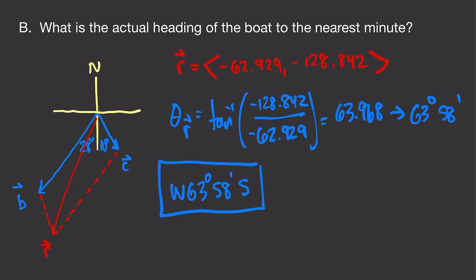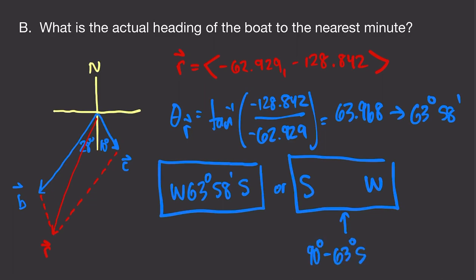So the other one you could have is south, and then we'll get the angle in a second, west. And the angle that's going to go in there would be your 90 degrees minus 63 degrees, 58 minutes. And that would be 26 degrees, 2 minutes. So both of those are acceptable. I would probably recommend going with this one. I think that one's a little bit easier to do. You don't have to worry about getting that complement.